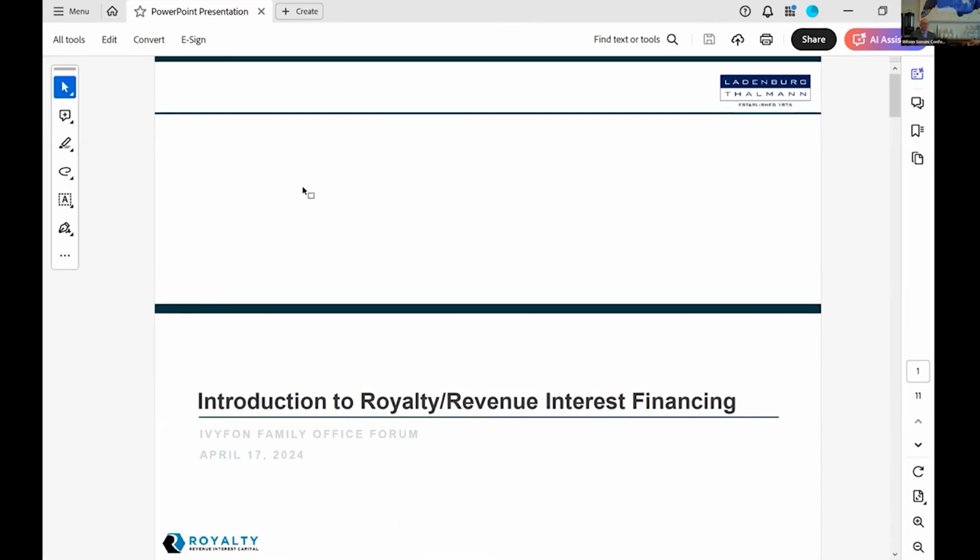Number one, many of you will have invested in portfolio companies for which this form of financing might be appropriate. And secondly, for family offices that are private credit, private debt investors, this form of financing might be transactions that you might be interested in participating in the future.